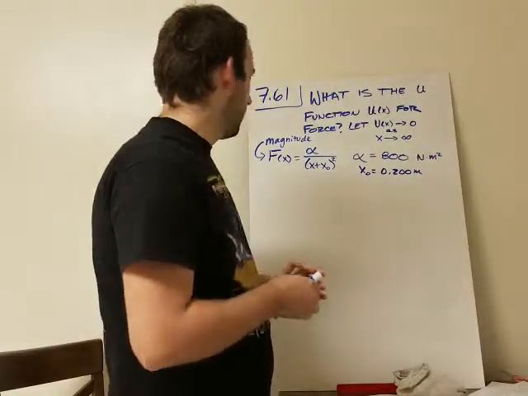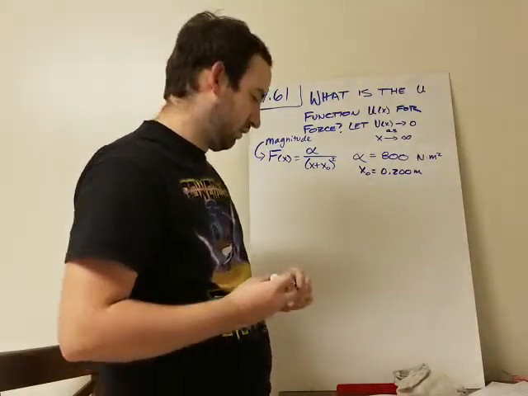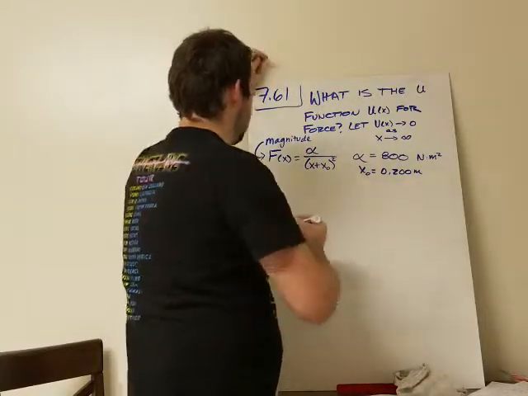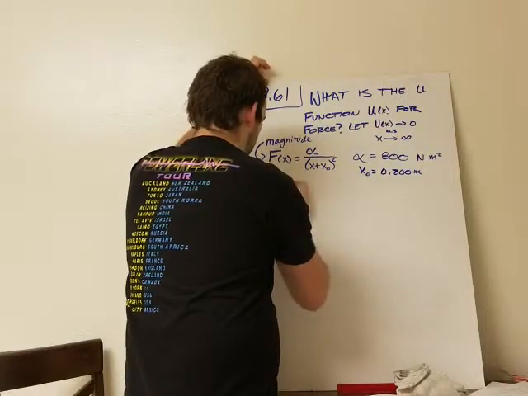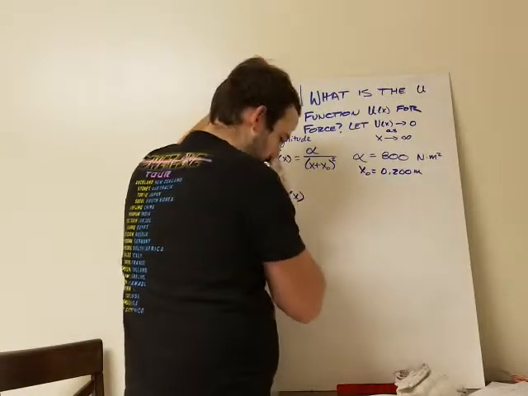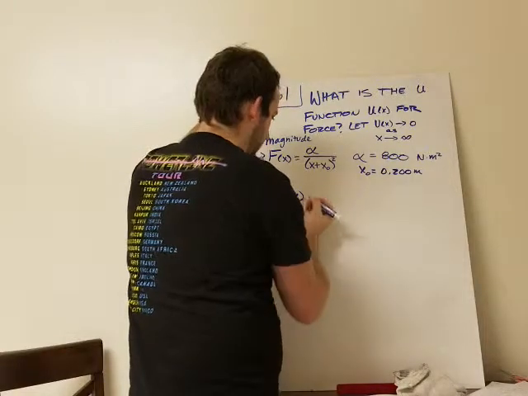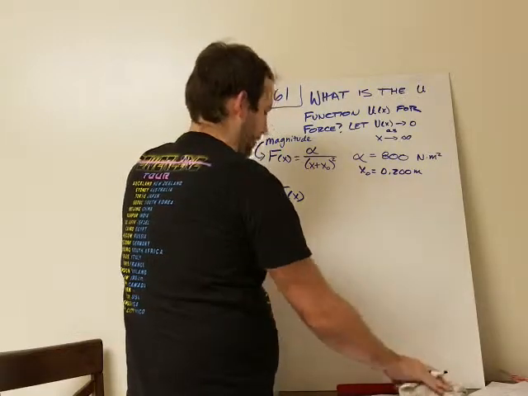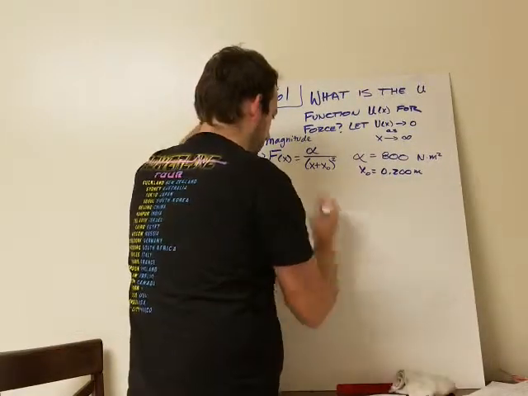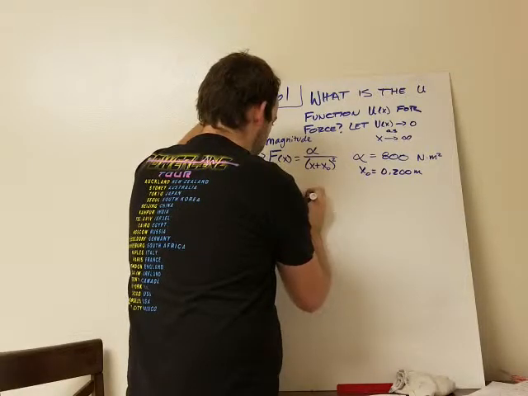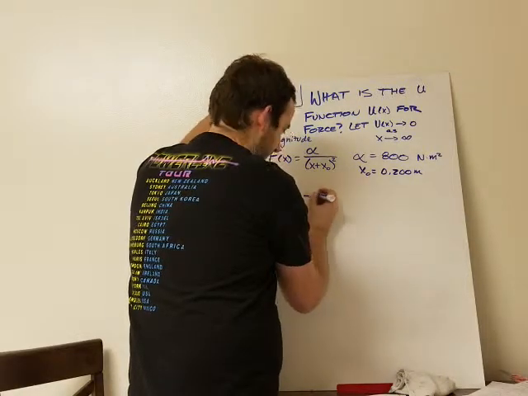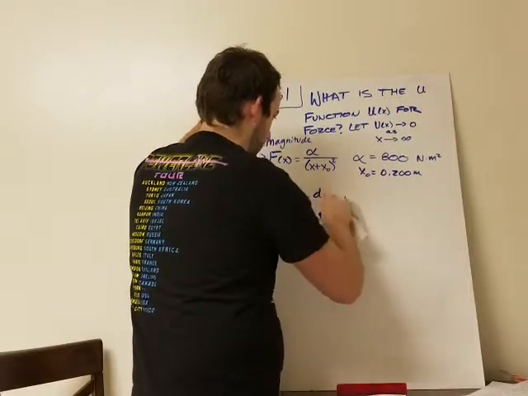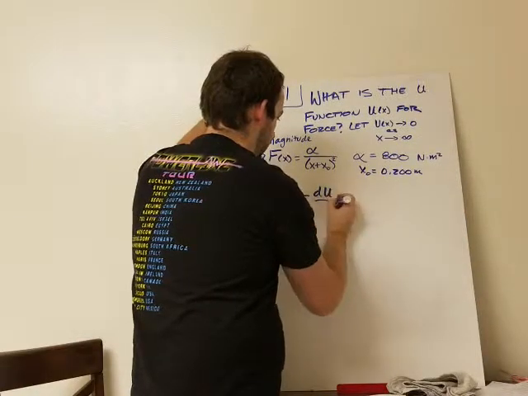So we'll get going on the u of x function. The way we do that is we need to take this f of x function, and we know that f equals negative du over dx.